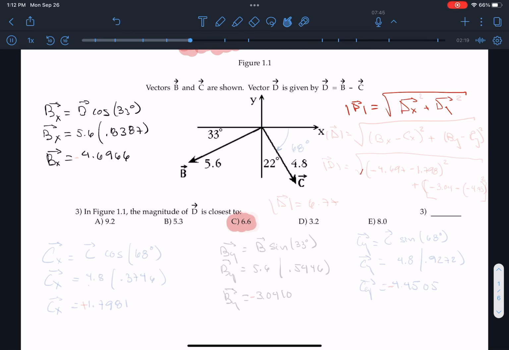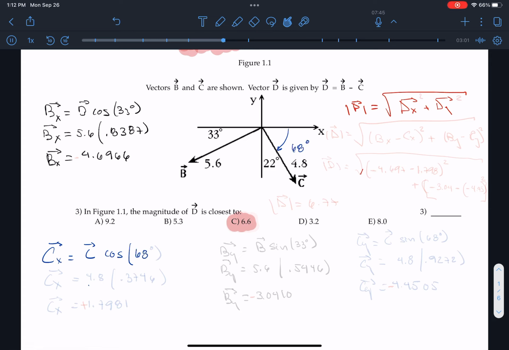Now let's find the x component for vector c. It equals the length of vector c times the cosine of the angle, which we haven't found yet. It's the angle formed from the x-axis with the vector, which is approximately, let's say, 90 minus 22, which is 68 degrees.